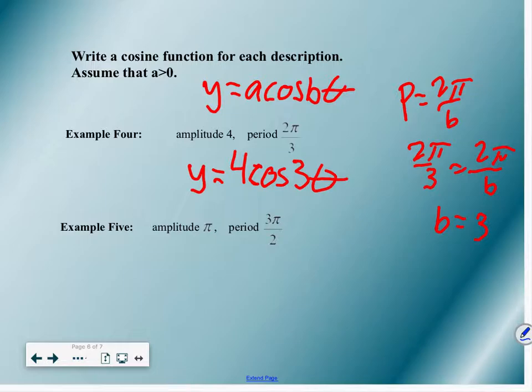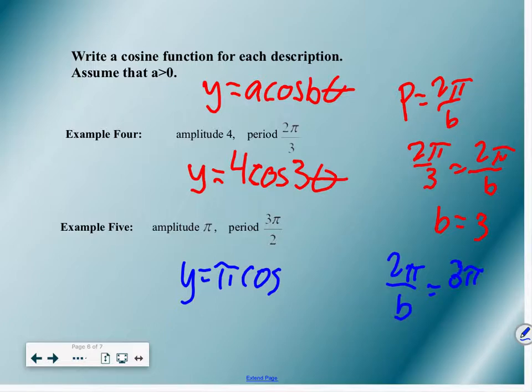Fill in y equals, cosine. Who's got it? How's my equation start? Y equals pi cosine... not yet. Theta. Okay, my period is 2 pi over B. My period in this case is 3 pi over 2. You notice 3 and 2 are not the same?